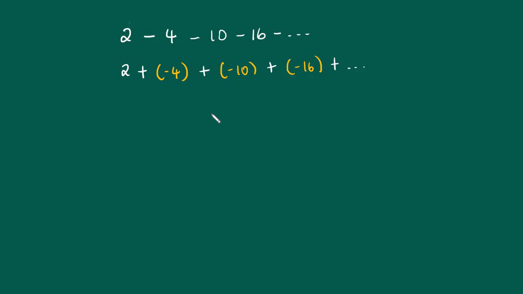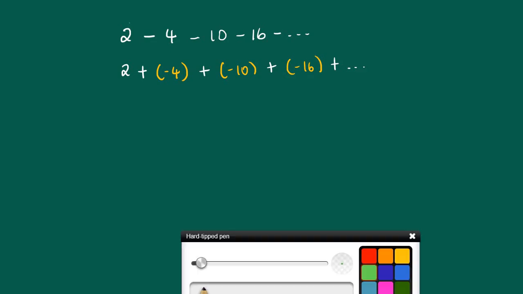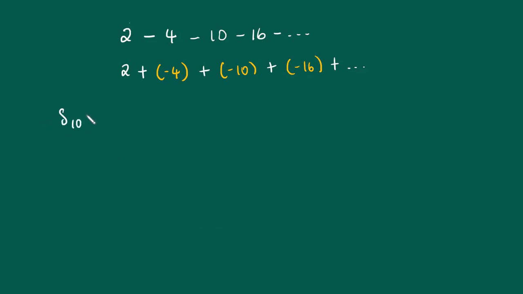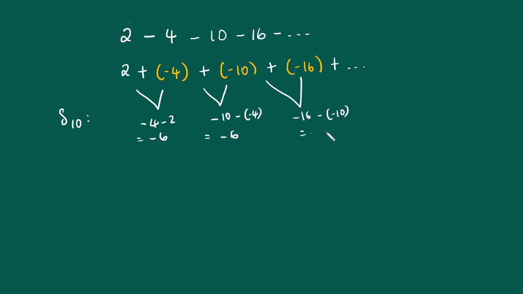So you still treat it the same way you were treating the others. If I wanted to calculate maybe the sum of 10 here, I would ask, what is the difference? Minus 4 minus 2 gives me minus 6. And then here, minus 10 minus negative 4 gives me minus 6. Same thing here, minus 16 minus negative 10 gives me minus 6.